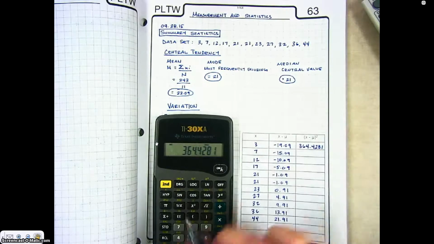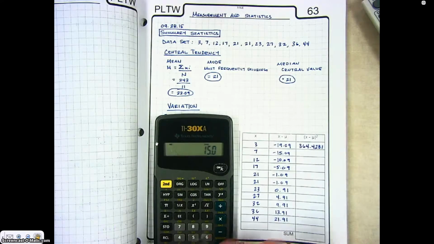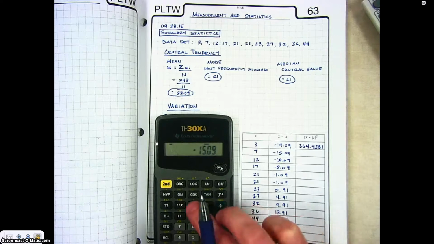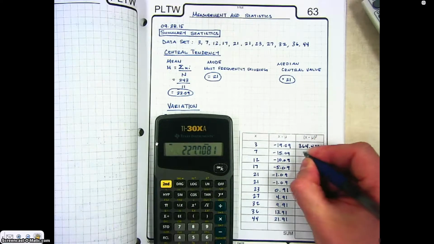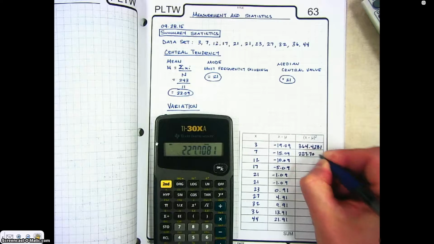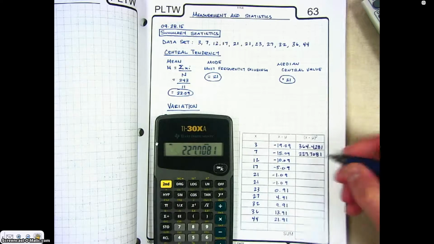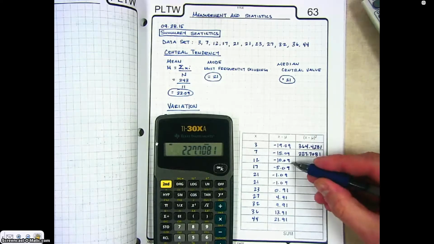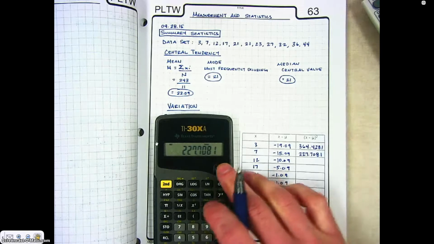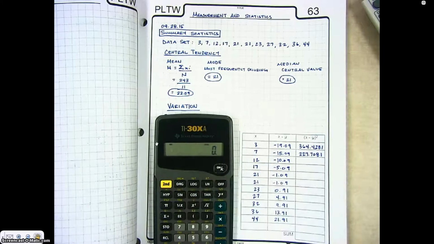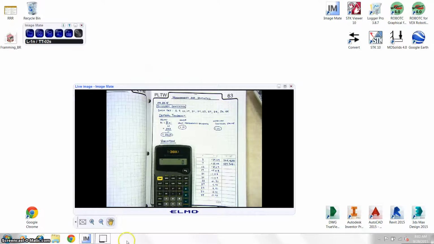I'll do the next one too, negative 15.09 squared, and I get 227.7081, and so on. So you're going to take all these numbers right here and square them now.